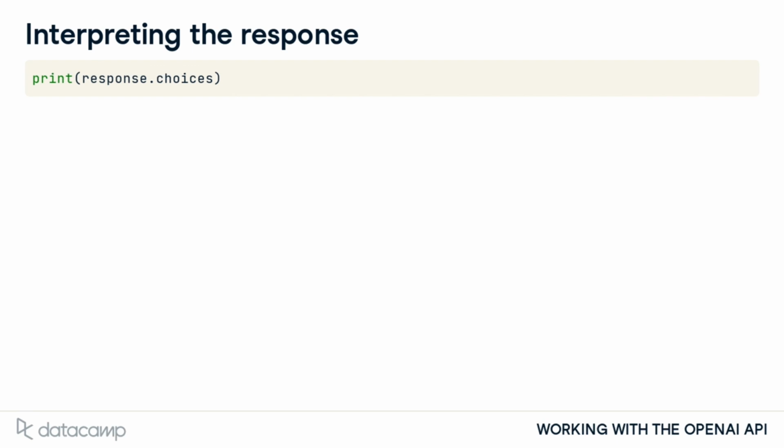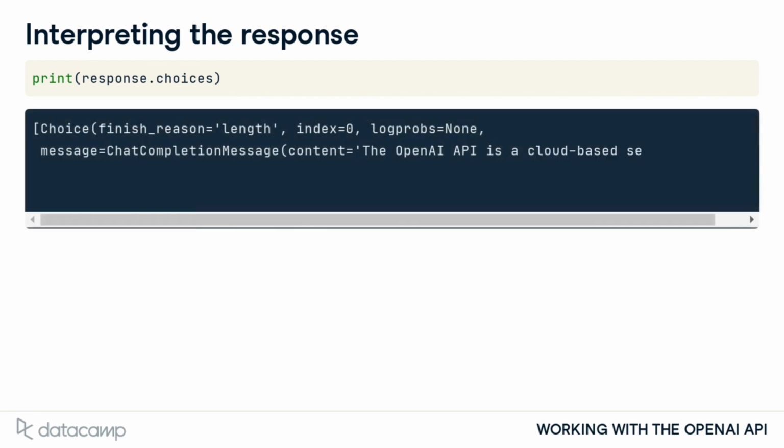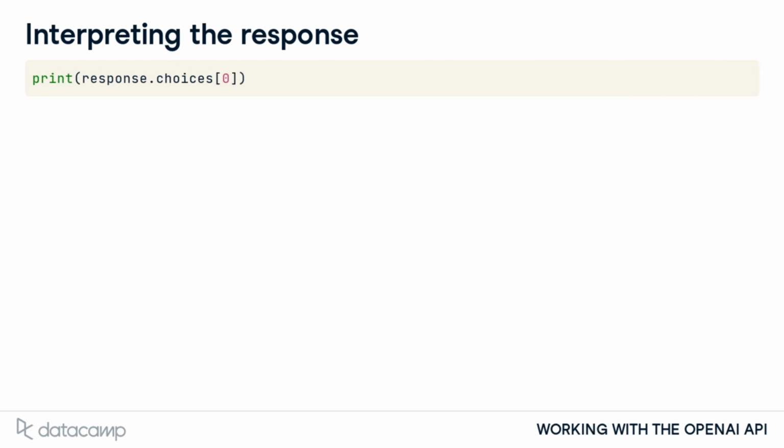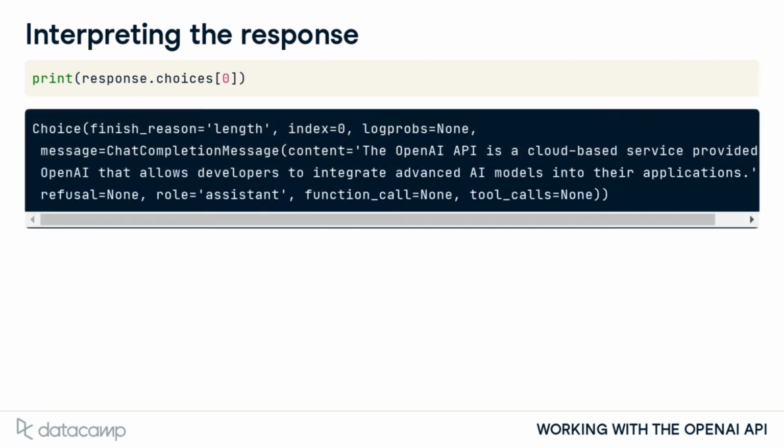Attributes are accessed using a dot, then the name of the attribute. We've gotten much closer to the text. Notice from the square brackets at the beginning and end that this is actually a list with a single element. Let's extract the first element to dig deeper. Okay, we're left with a choice object, which has its own set of attributes.